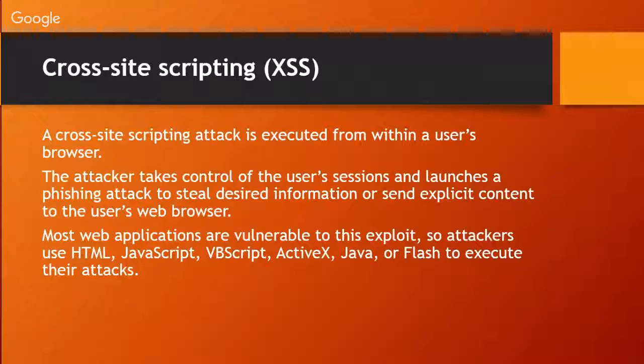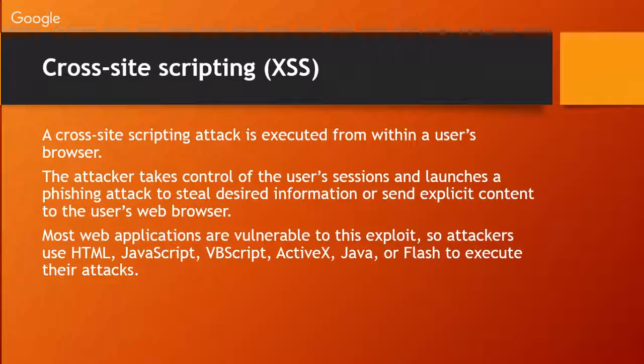A cross-site scripting attack is executed from within a user's browser. The attacker takes control of the user session and launches a phishing attack to steal desired information or send explicit content to the user's web browser.